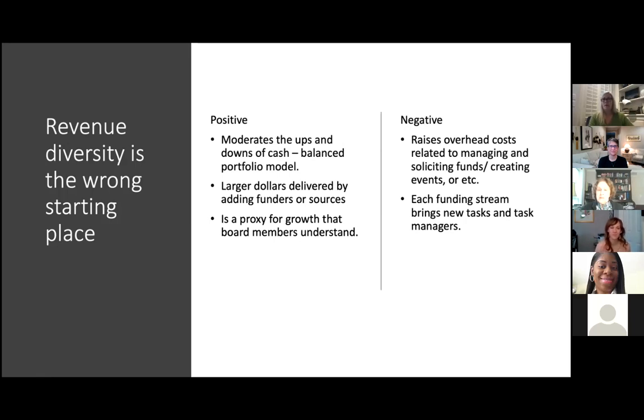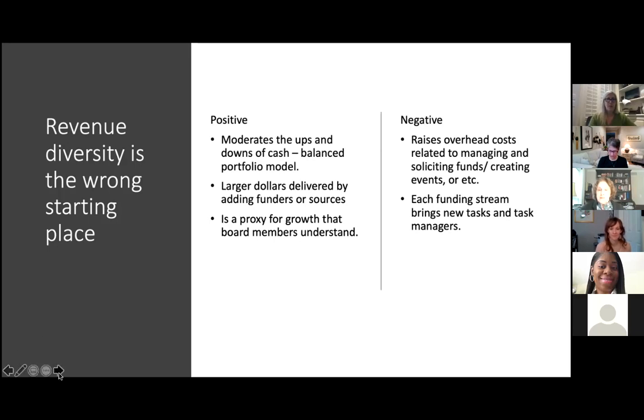So the bottom line is that each funding stream brings new tasks and task masters, who do you have to report to on governmental grants? What is the accountability required of that? All of those things are task masters because you can't get out of doing them once you accept the funds. Does that make sense?